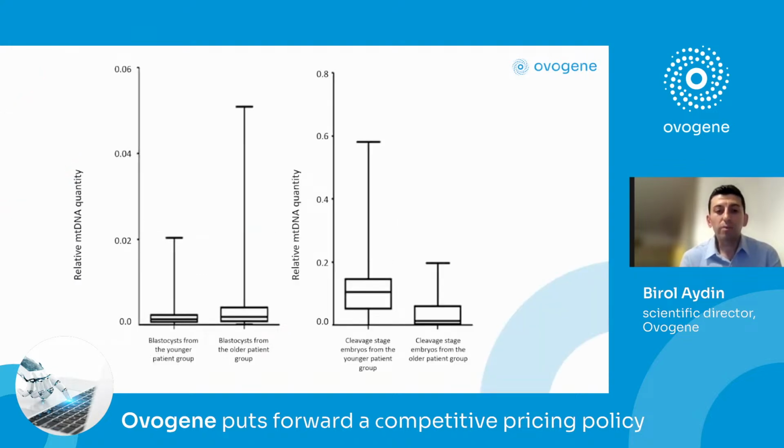And if you compare blastocysts in the younger and older age groups, the younger age group has higher mitochondrial DNA quality and, of course, a lower aneuploid rate. In the older age group, the cleavage stage of the embryos is similar, but the number of blastocysts decreases while mitochondrial DNA quality decreases.